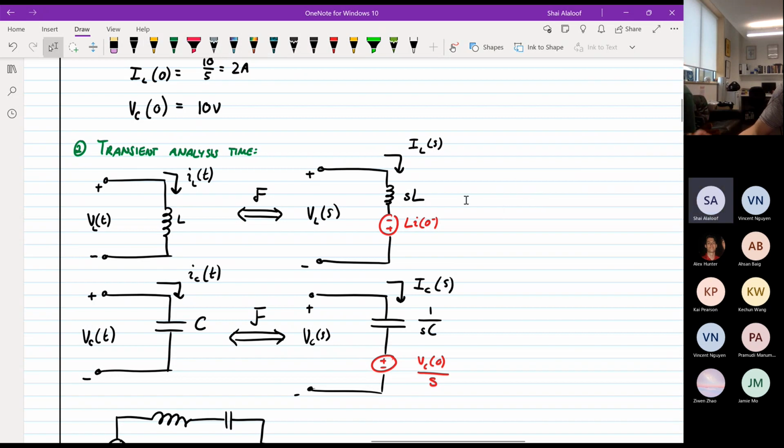And you end up with a voltage source in series with it. You can also add a current source in parallel, but I didn't bother memorizing that one. Both of them give you the same thing. So it's either a voltage source in series or a current source in parallel.